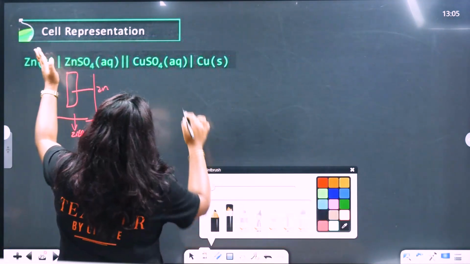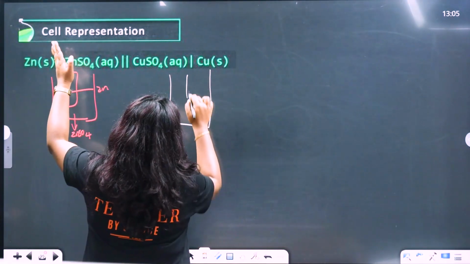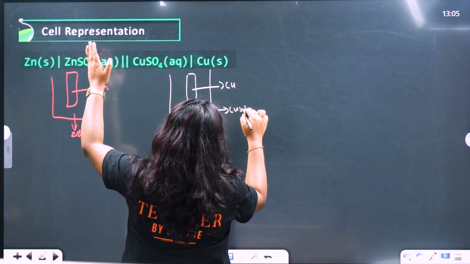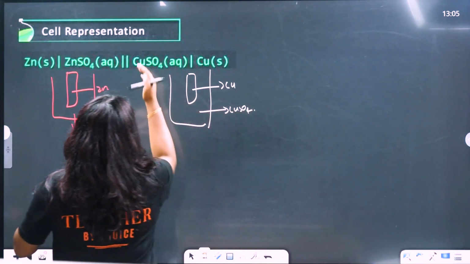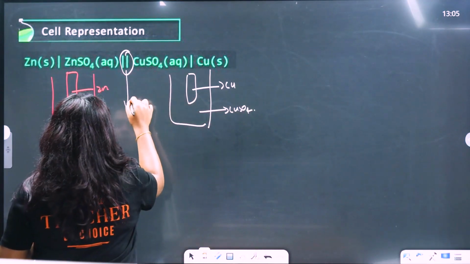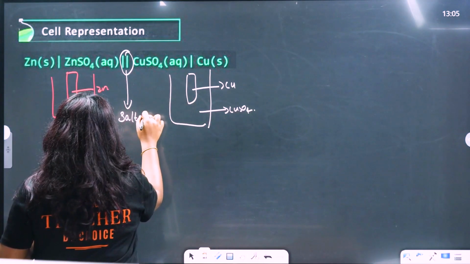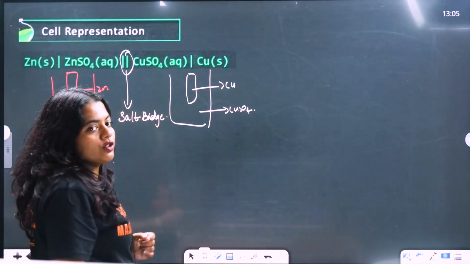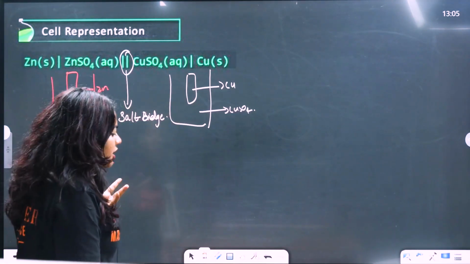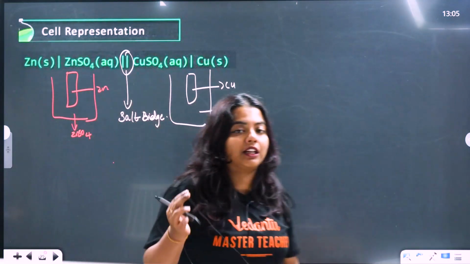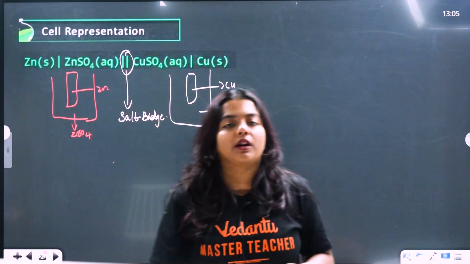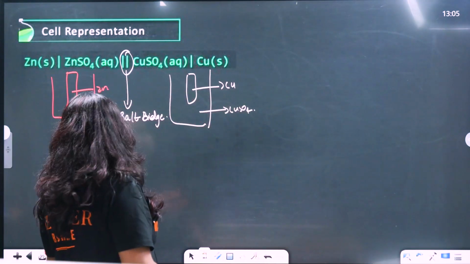Here there is ZnSO4 and Zn, and in between there is Cu and the CuSO4 electrolyte solution. Between these two, this is the salt bridge. So this is the cell representation, showing how the electrons or the reaction are happening, or how that particular cell is working. So this is the cell representation of the galvanic cell.